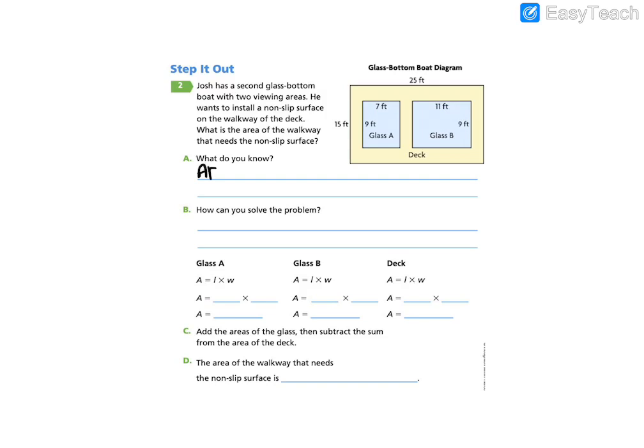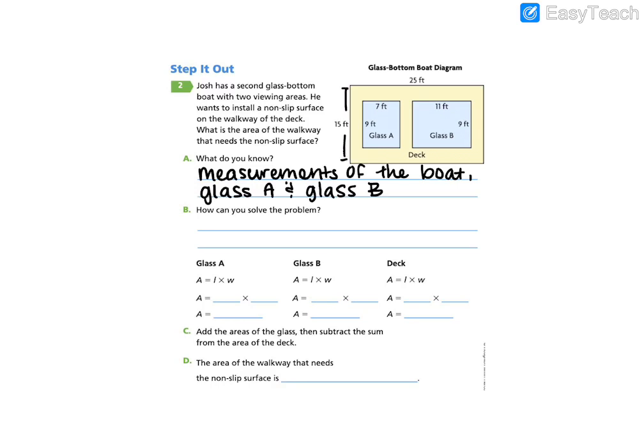So we know the measurements of the boat, glass A and glass B. And how are we going to solve this problem? Very similar to what we did before, right? We're going to find the total area of the boat and subtract the area of glass A and glass B.